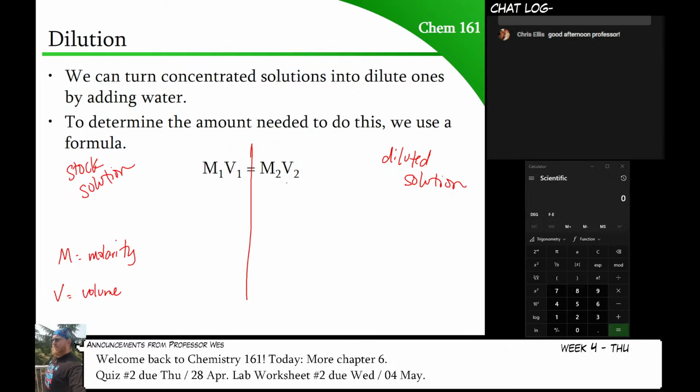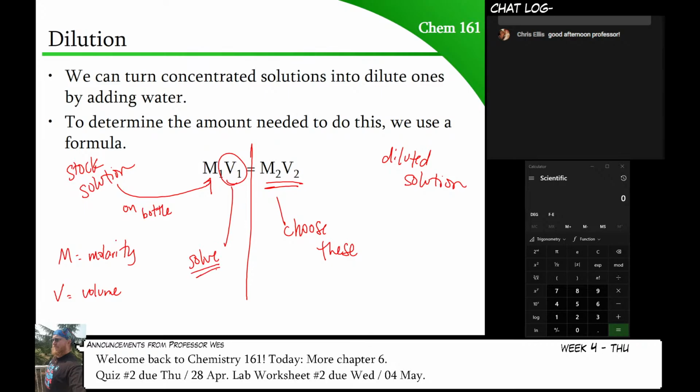Generally speaking, you choose these when working with this equation, and then this is printed on the bottle when you buy it or you order it from whatever supplier sends it to you. The end result is that you need to solve for this.